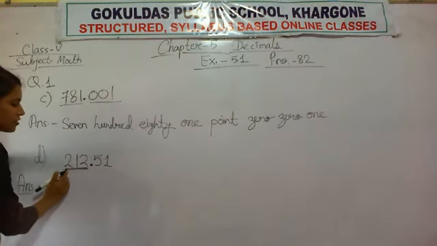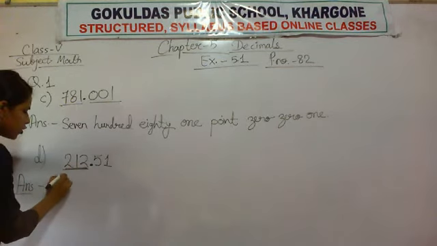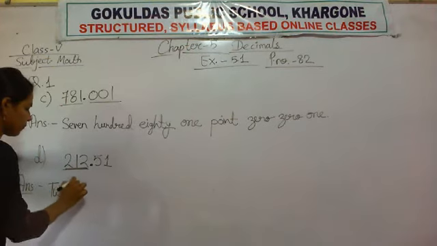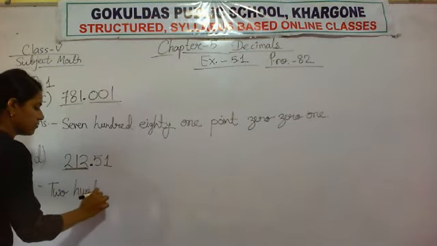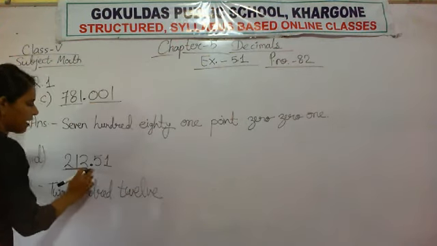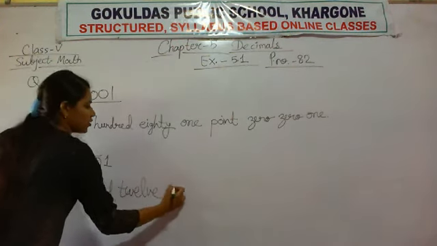So we will read this as 212, and I am writing 212. Then I observe a point here, so I am going to write point.